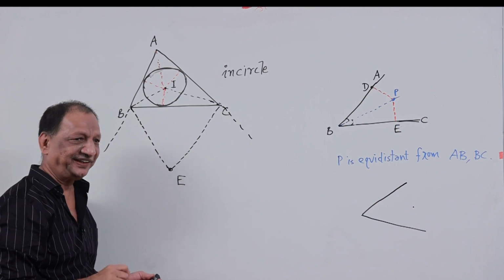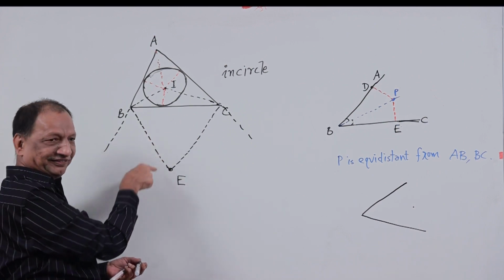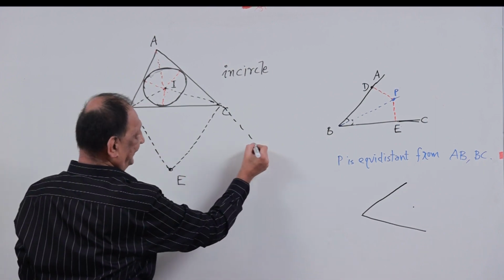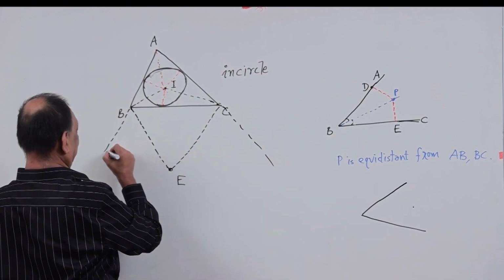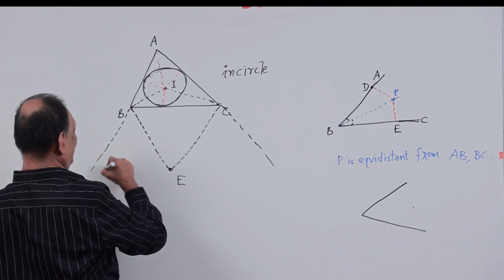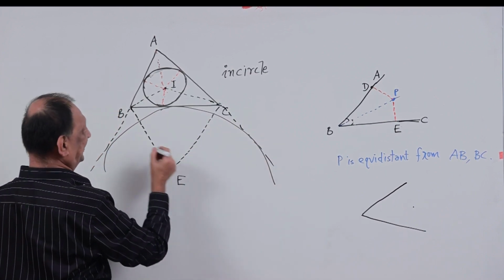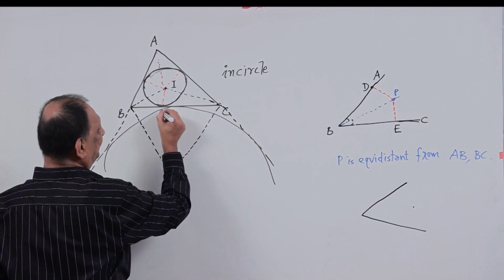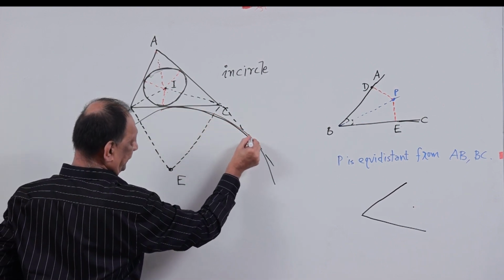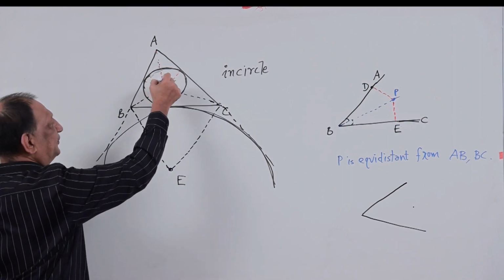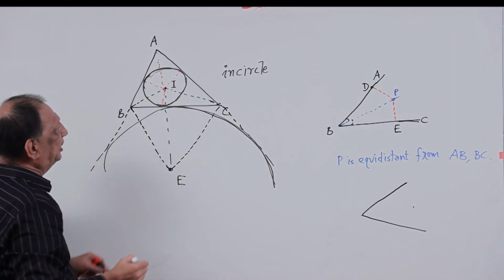Therefore, I can draw one circle from here with those distances as the radius. I'll attempt to draw a circle which touches all the three sides. I'll not complete it. And E will also be on the same line as the internal bisector of A.